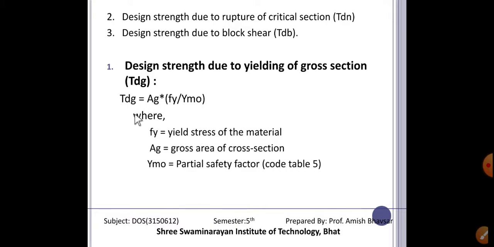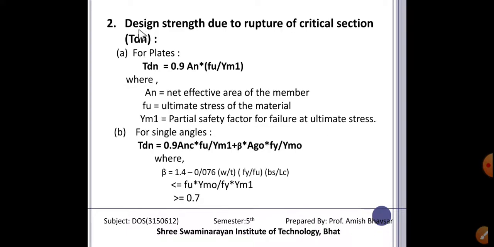So the equation is TDG equals AG into Fy upon gamma m0. That Fy we always have, gamma m0 is given on page number 30, right? And AG is the gross area that we are going to design. Design strength due to rupture of critical section: we have a number of equations, depending on which kind of member we are going to select.